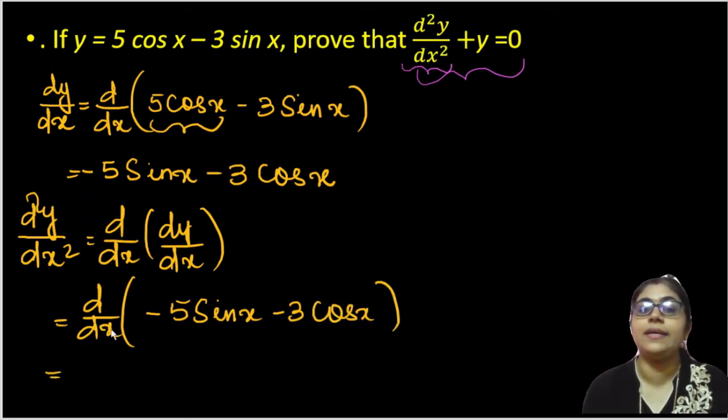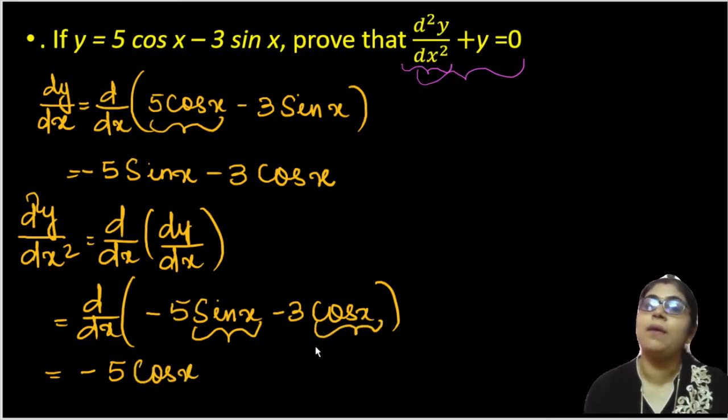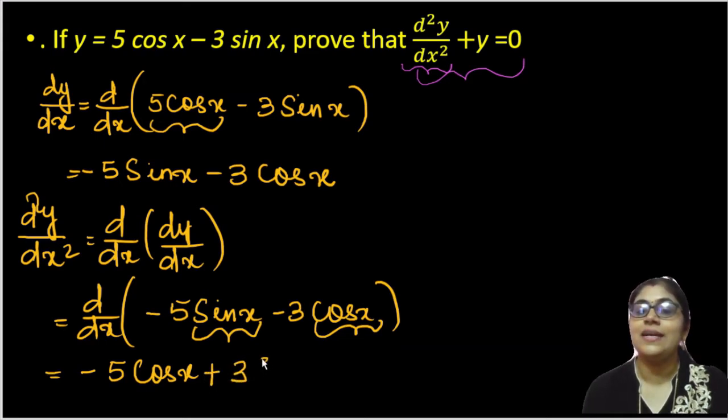The derivative of sin x is plus cos x. So this is minus 5 cos x here. And the derivative of cos x is minus sin x. So minus minus plus here, 3 sin x.